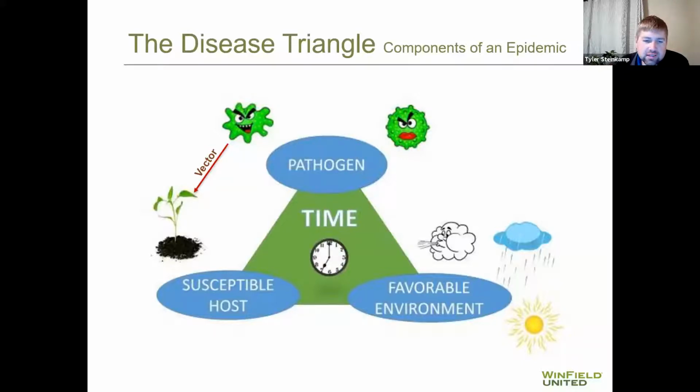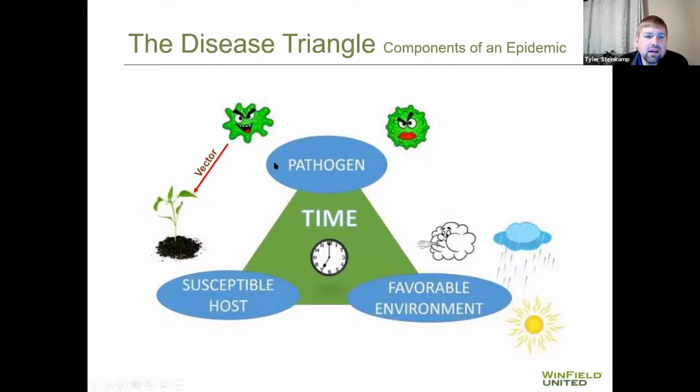It only lasted a couple weeks, but that's all the longer it took. And then finally you have to have the pathogen, which makes sense, right? In the case of white mold, we definitely have the pathogen in most of these fields.